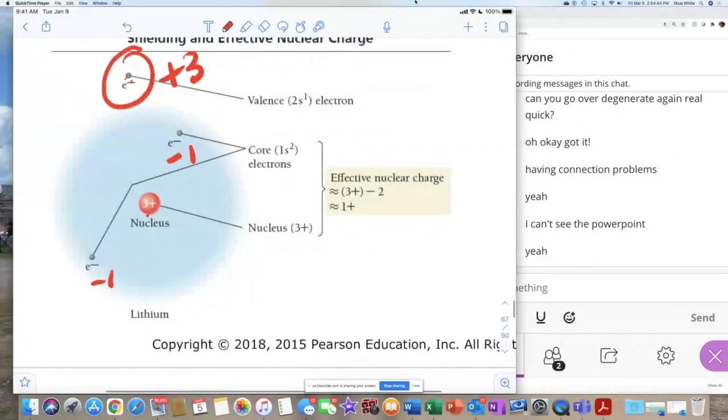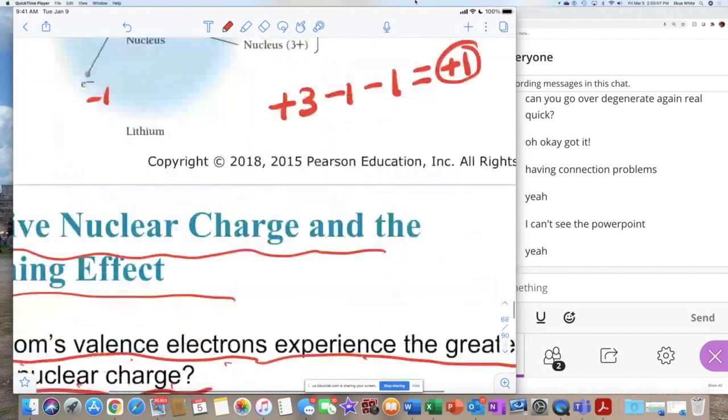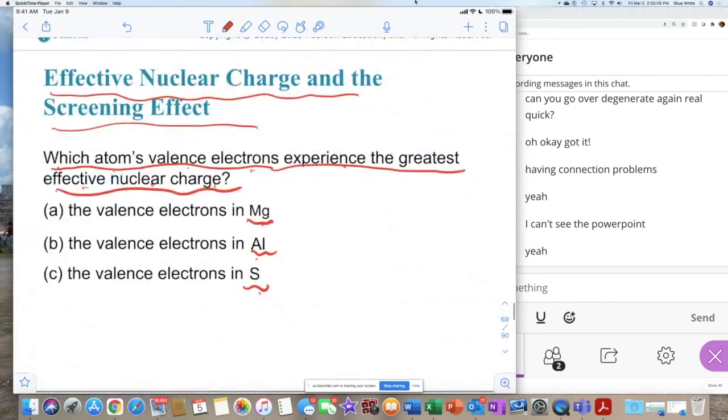So it starts off, if they were not there, with a nuclear charge of +3, but with each electron being -1, in the end the outermost electron only feels +1, even though we know the real charge of the nucleus is +3, right? So we need that idea when we're looking at this picture here.